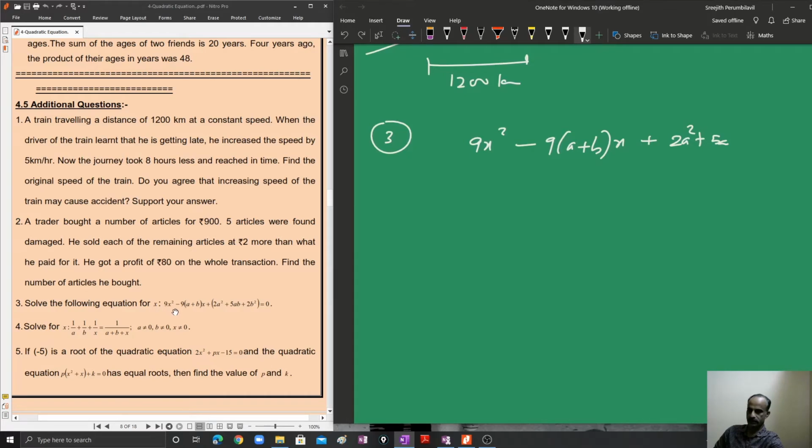9x square minus 9 into a plus b x plus 2a square plus 5ab plus 2b square equal to 0.